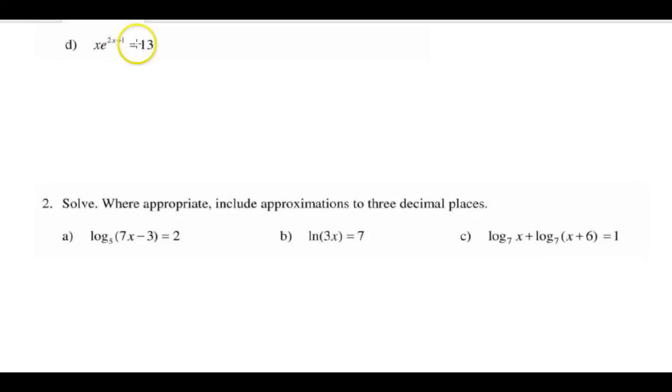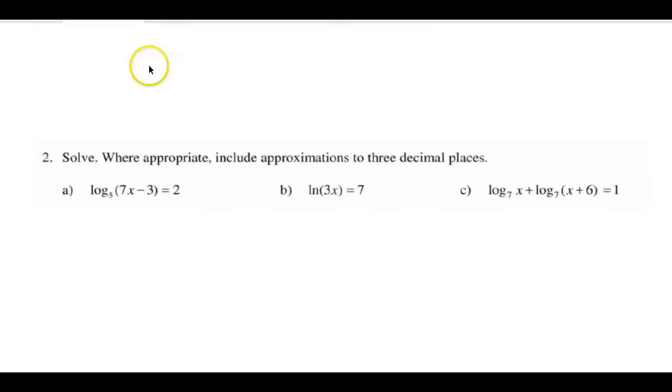All right, letter D, since there's a variable in our little problem here, and that same variable is in the exponent, we don't have the technology to do that. If you put it in your calculator, you do get an answer, so we skip this problem.